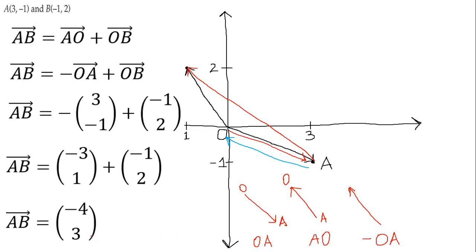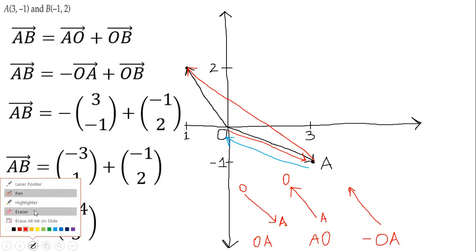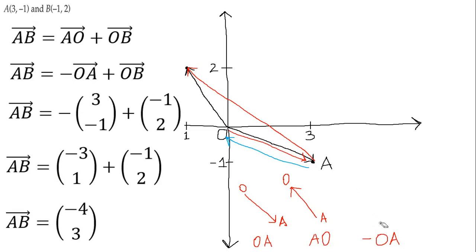Let me redraw it. I want to show you that they're basically the same thing, just in opposite directions. Okay, so that is negative OA. So again, we have O here and A here.